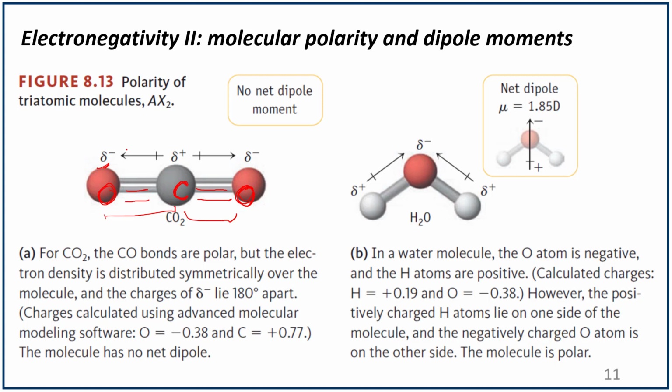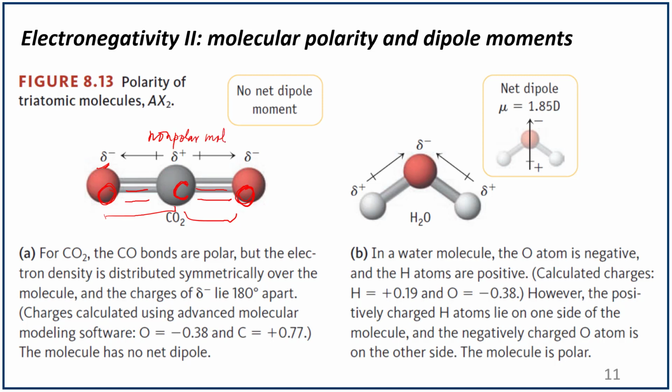But because of the linear structure, these dipoles point in opposite directions. As a result, when you take the mathematical sum of these dipoles, they cancel each other. And even though carbon dioxide has polar bonds, it is considered a nonpolar molecule.